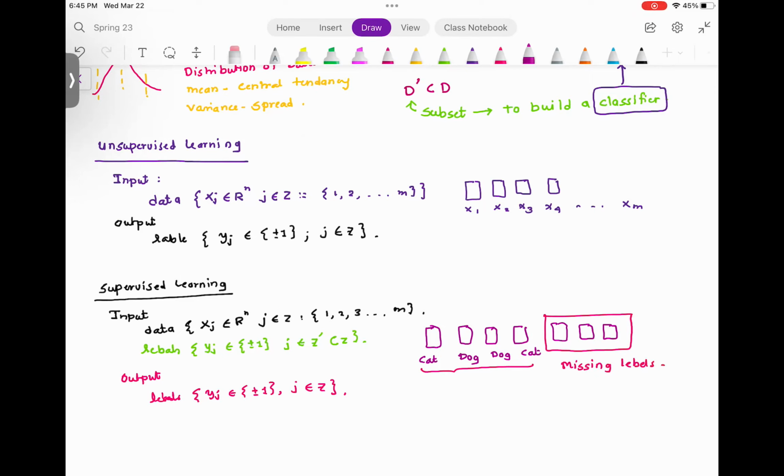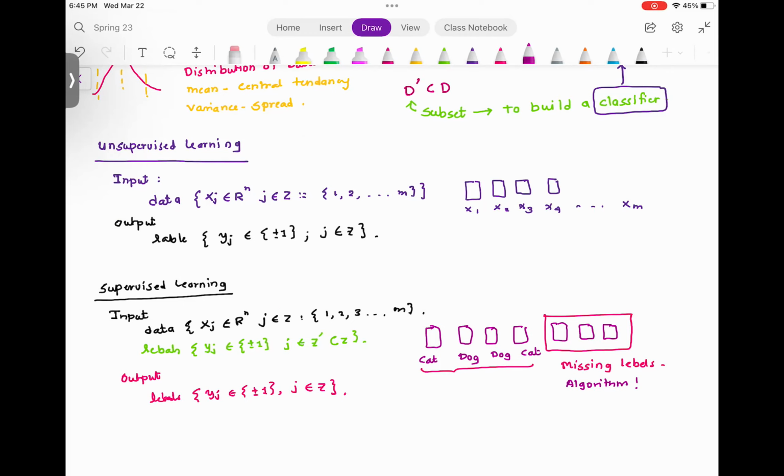And we want our algorithm to find these missing labels automatically. And the way you do it is completely up to you.